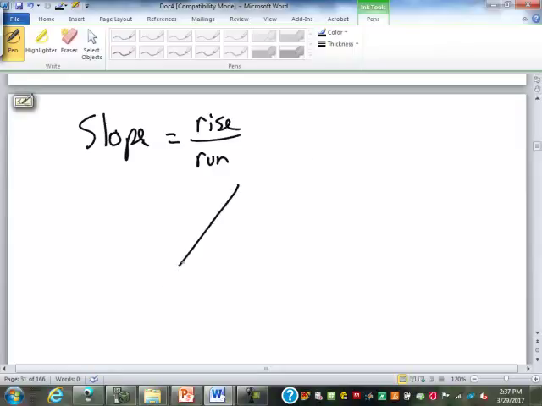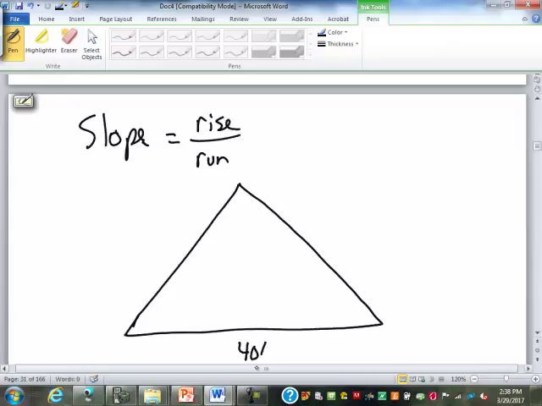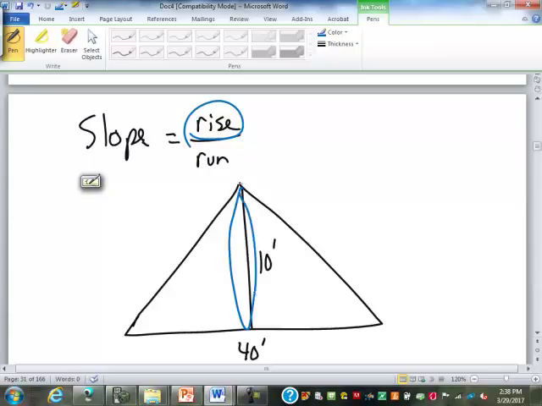So if I have a roof here, a roof truss, let's say this has a 40-foot span, and let's go 10-foot height. The rise is the 10-foot height. The run, however, is not the 40 feet. The run is from one end to the center.